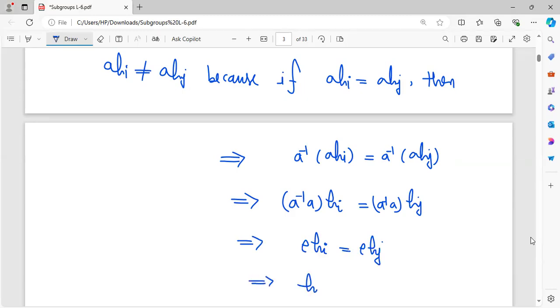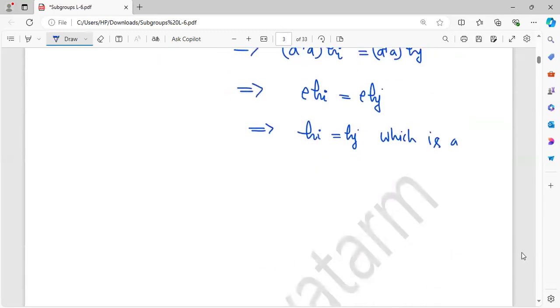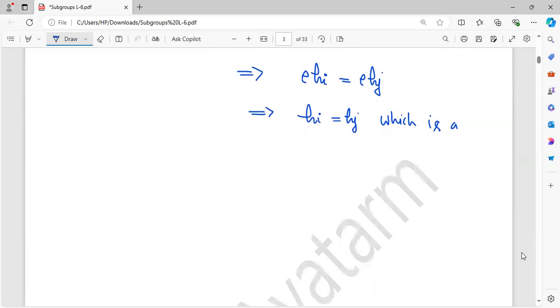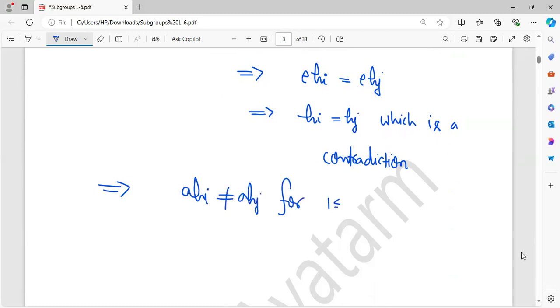So hi is equal to hj, which is a contradiction. So this implies ahi is not equal to ahj for i and j less than or equal to m, i not equal to j.